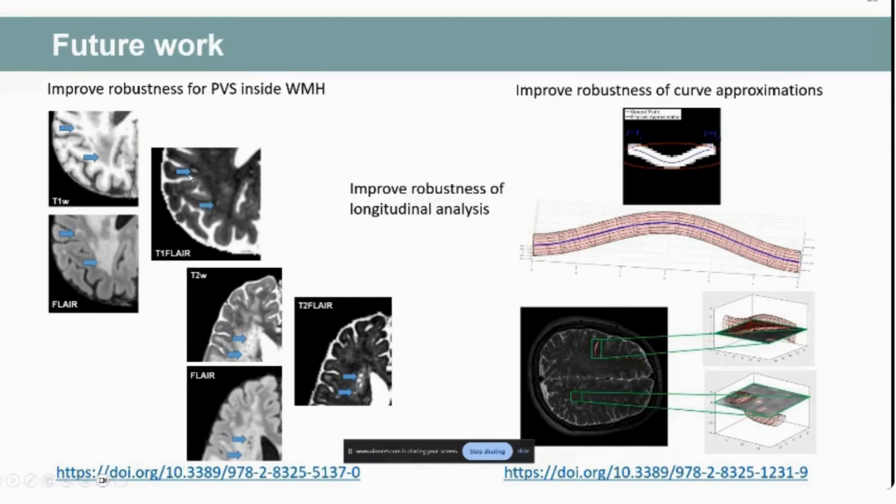By having these kinds of images, we can look at the disease and the progression of the lesions. So this is quite interesting. Also, we are trying to improve our pipeline to be able to fit curves and analyze tortuosity, as I mentioned before. But this needs to improve robustness, because it works when you tune the images one by one, but you cannot give that to other researchers because then there is a problem of reproducibility.